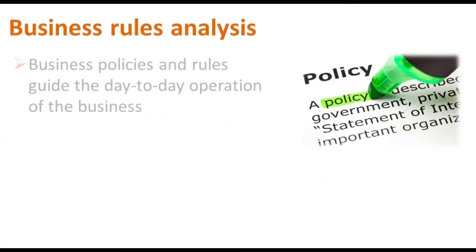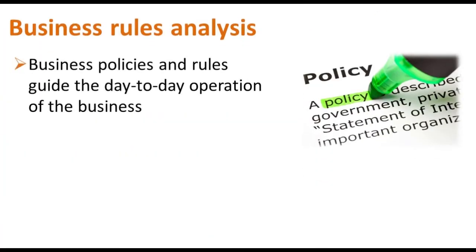So what is business rules analysis? As we already know, business policies and rules guide the day-to-day operation of the business. The difference between policy and rules is something like this. Policies are generally intent statements, so they may not have any operational guidelines, whereas rules will give you an operational guideline. For example, a policy can be that a company will be customer centric.